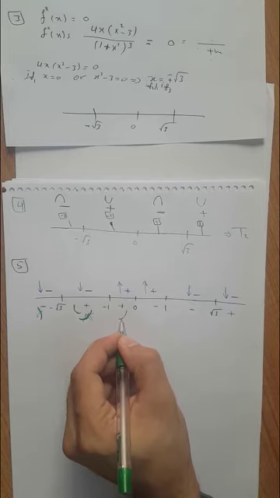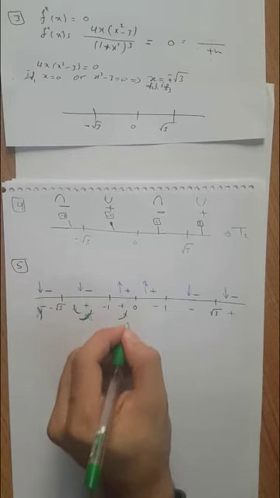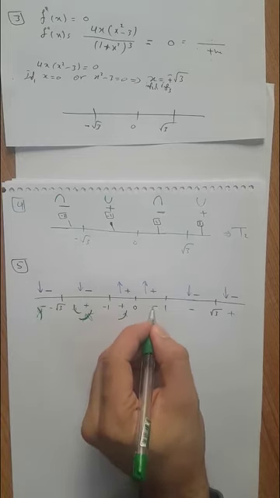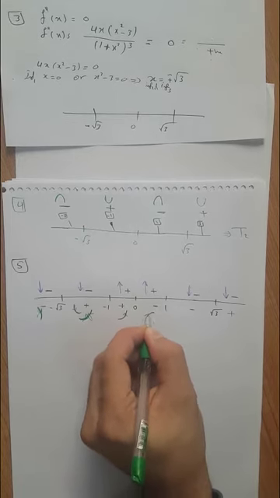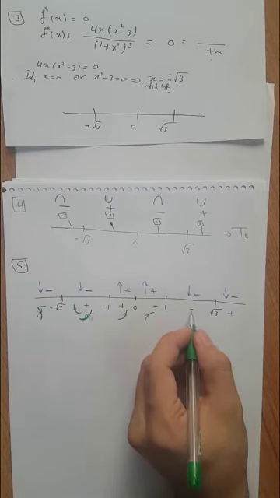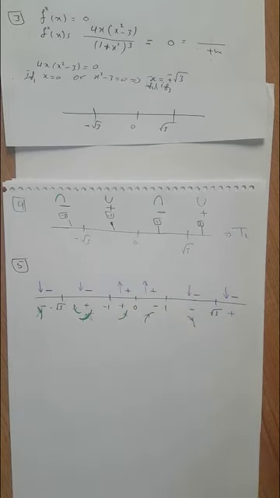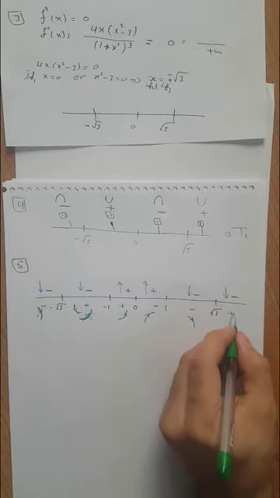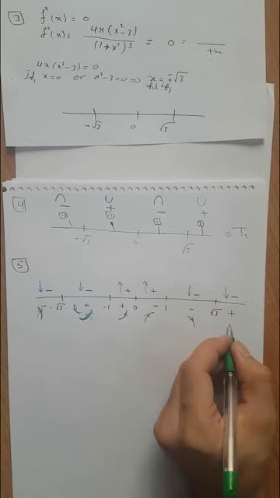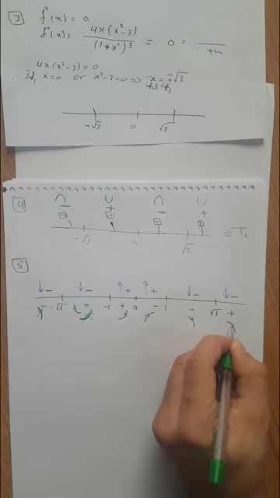So this one like that, and again I have down and increase, and this one again down and decrease, like that, concave down and decrease, and after 3 we have concave up and decrease. Okay, like that.